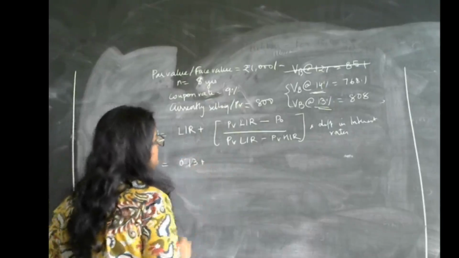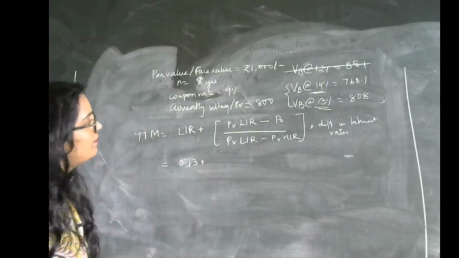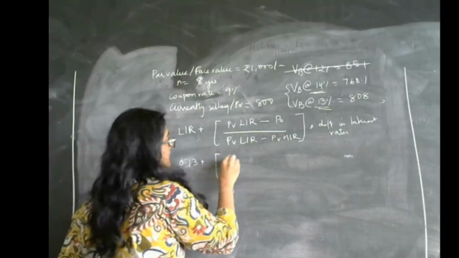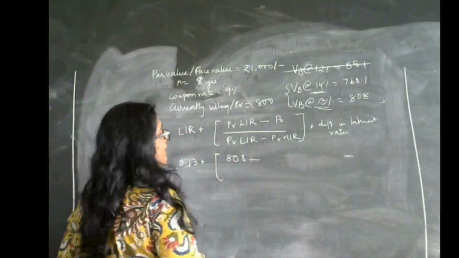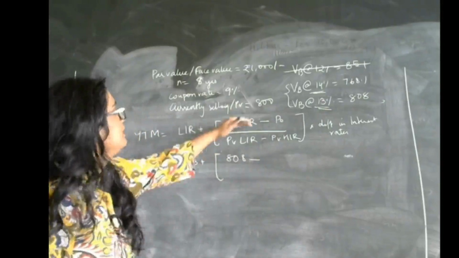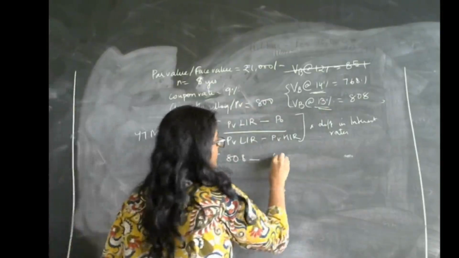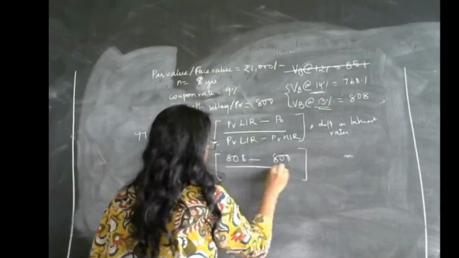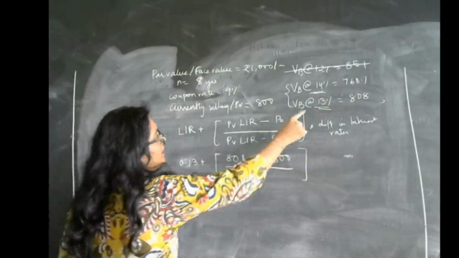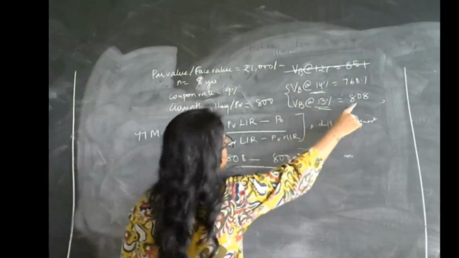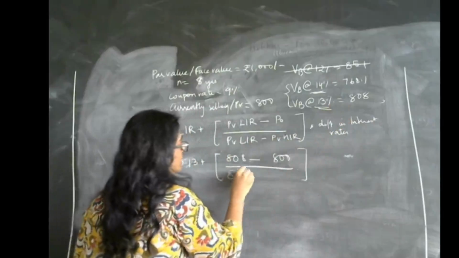Plus, the present value at lower interest rate is how much? It is 808, right? And the present value is what? 800. Then the present value at lower interest rate is how much? It is 808.